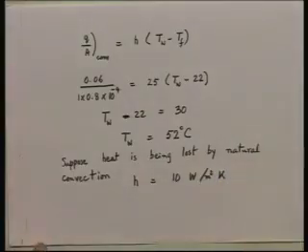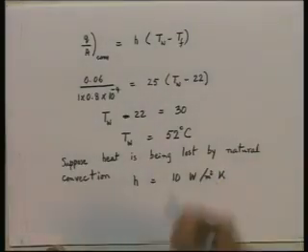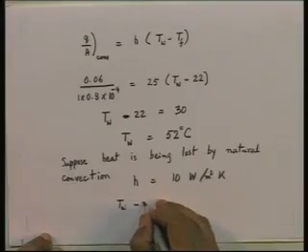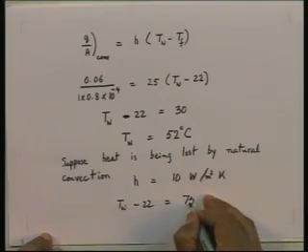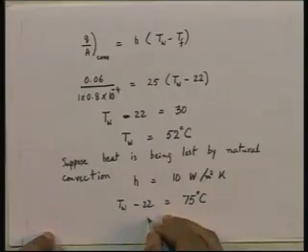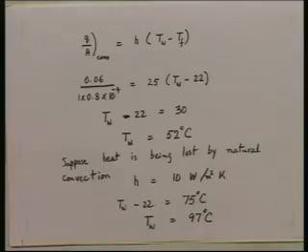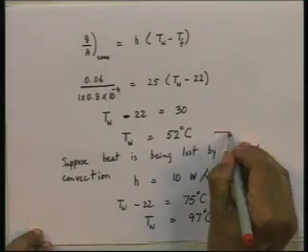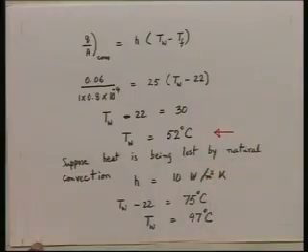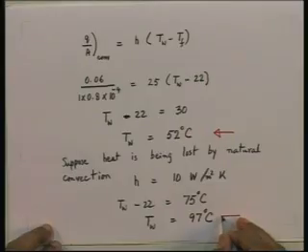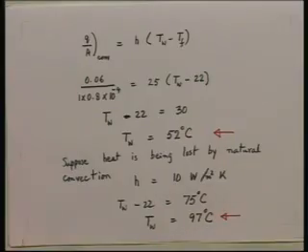So, what would I get now? With 10, T_w minus 22 would be 75 degrees centigrade and T_w would be 97 degrees centigrade. So, if it is a forced convection situation, the answer that I got earlier was T_w equal to 52 degrees centigrade. If I have a natural convection situation, the value of T_w would be 97 degrees centigrade.